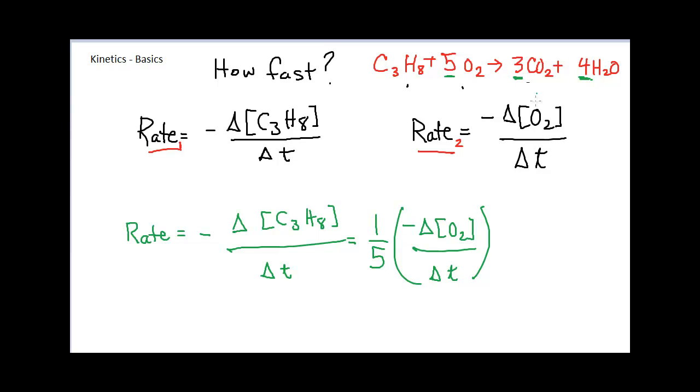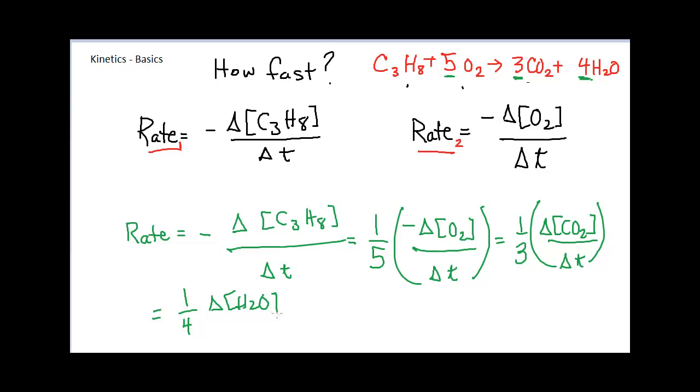That would numerically give me the same value. For CO2, I need 1/3 of the change in concentration of CO2 with respect to time because of the stoichiometry. For water, numerically this would be equal to 1/4 of the change in concentration of water with respect to time.